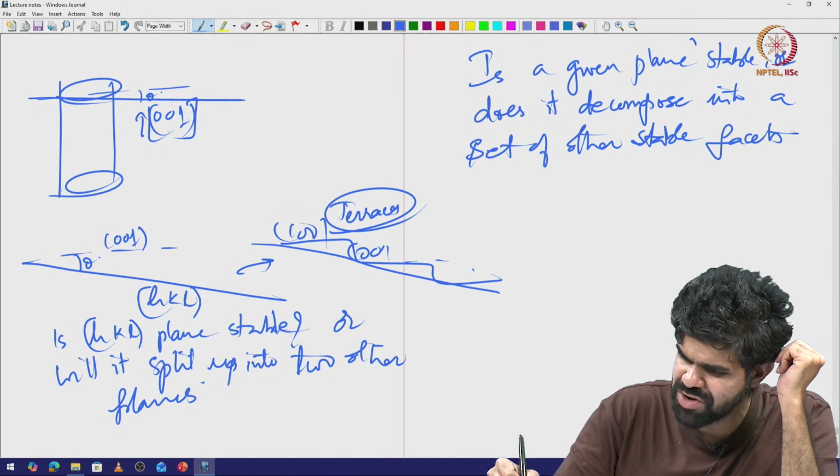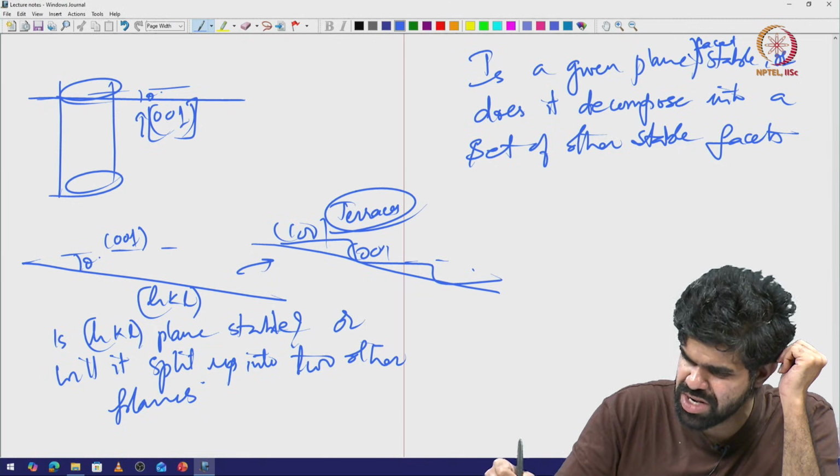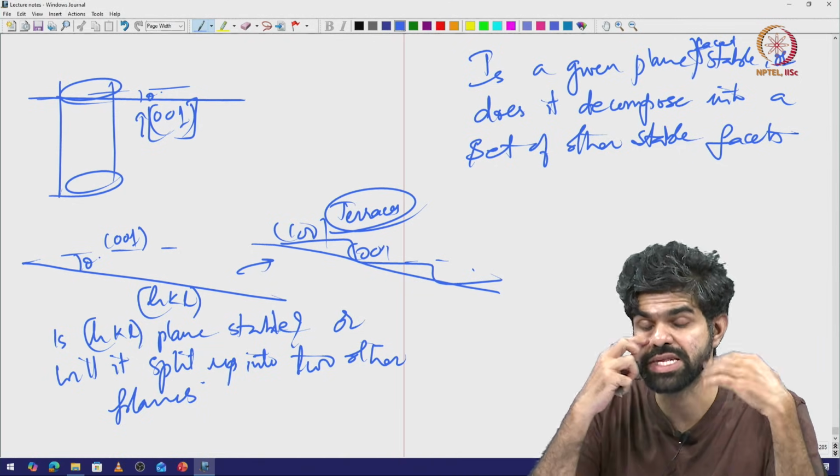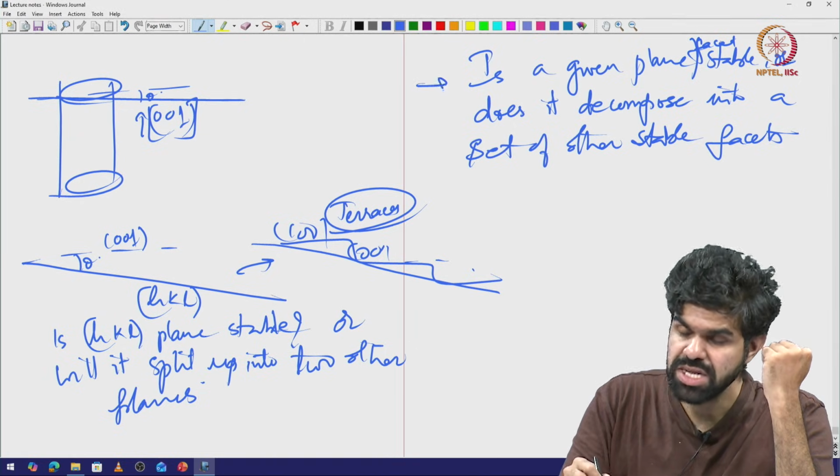Given a plane or facet, let us just call it a facet. The plane that ends a surface in a crystal is called a facet. That is the question we are asking.